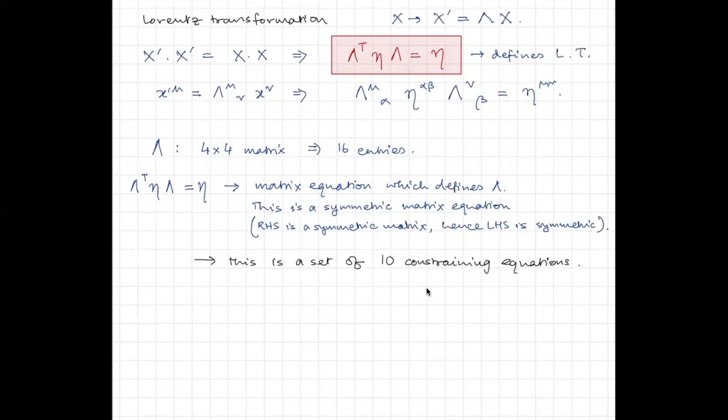These reduce lambda to 16 minus 10 equal to 6 independent solutions.